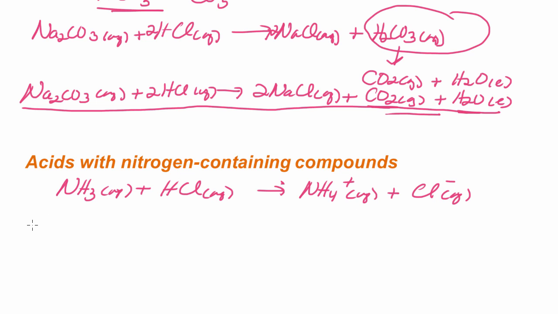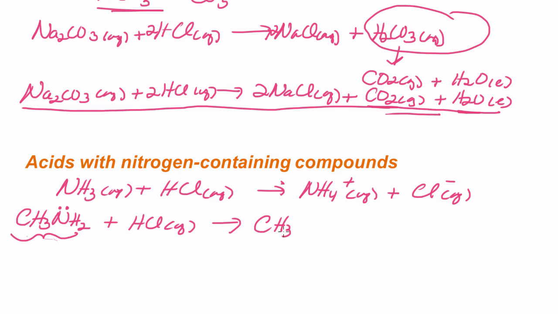So other compounds like methylamine, okay, these are also bases. And the amines, they have that lone pair of electrons that are required for a base. So amines are weak bases. And so if I react this with hydrochloric acid, then again what's going to happen is the methylamine is going to pick up the proton and we'll end up with this.